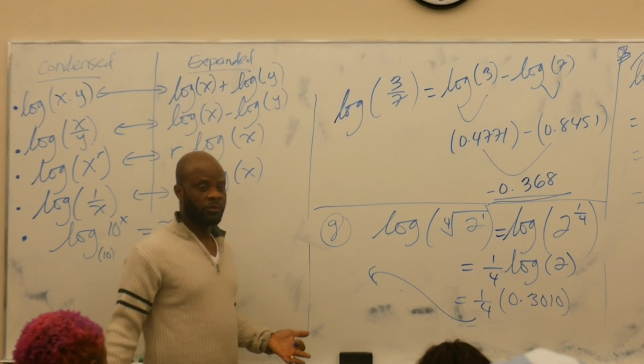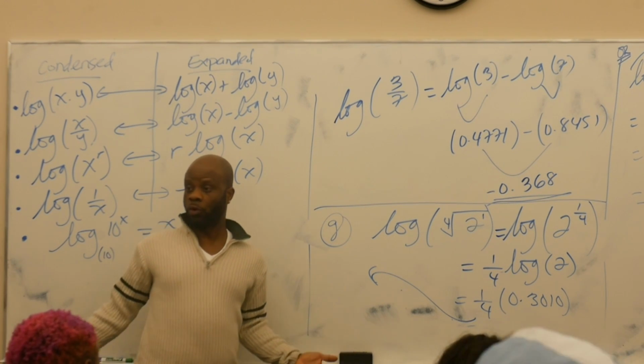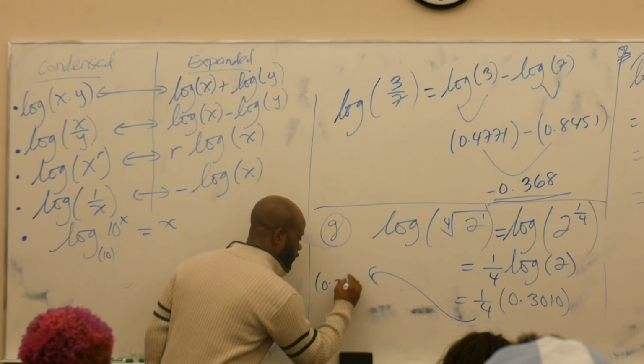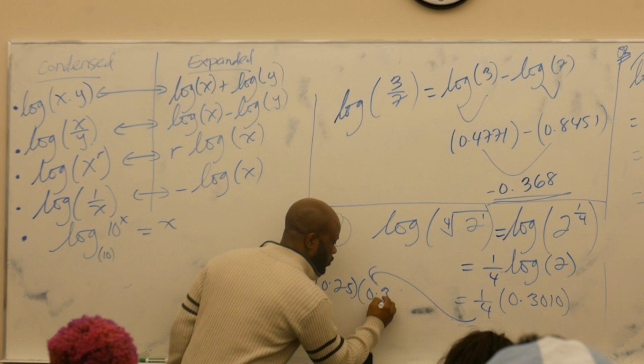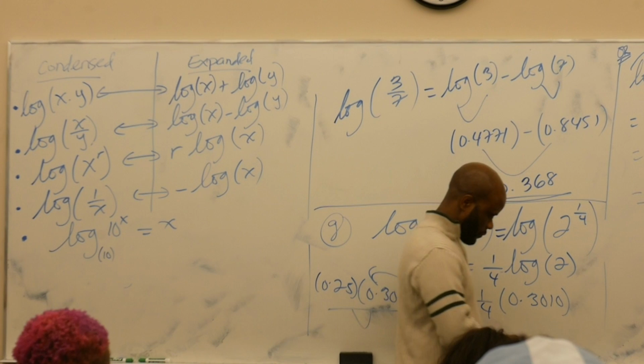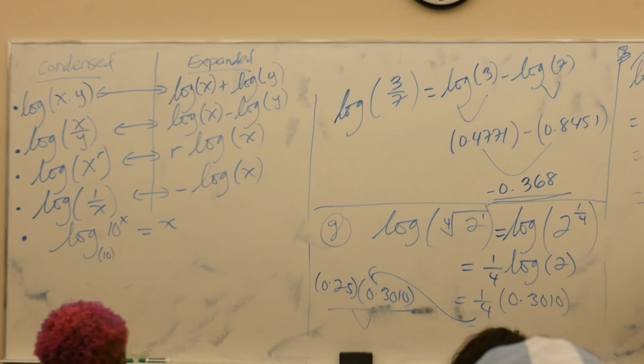Because we're just asking for what's a quarter of a dollar, it's a quarter. So 0.25 times 0.3010, whatever that answer gives you. Product is what we got.